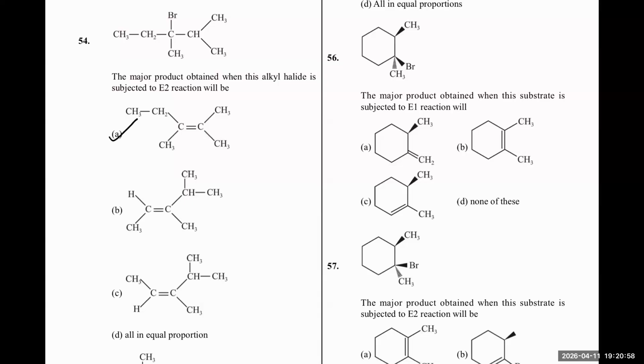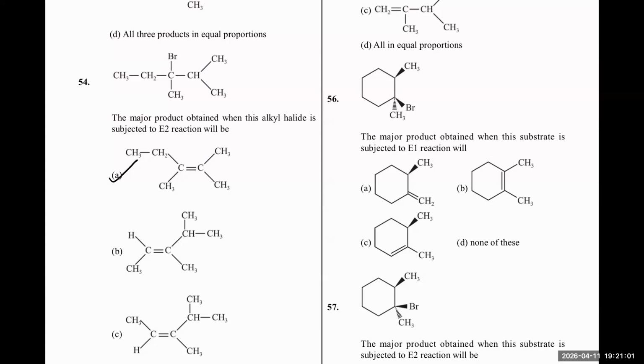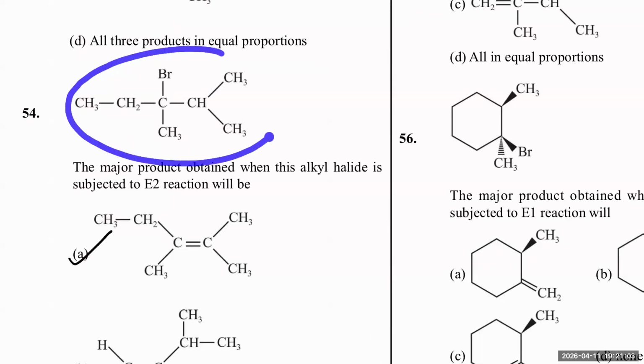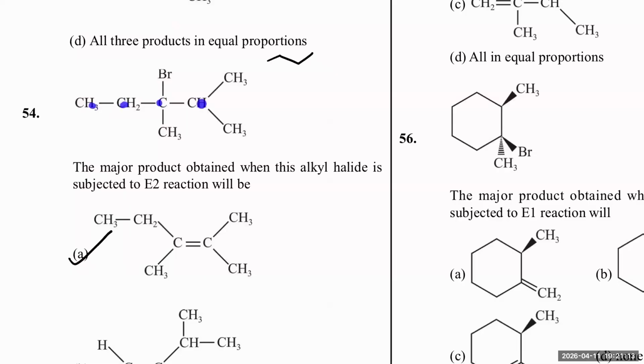The rest will all be formed, but they will be minor products. Now, what if I use the same question to ask you the maximum number of alkenes that we can get? You can see how I can write it down. This is 1, 2, 3, 4 here, and then we have the 5 group like this. This is one product I can get, and here we have two methyl groups. The second product is like this. We have two methyl groups, and on the next carbon we have methyl. You can make a double bond here itself.